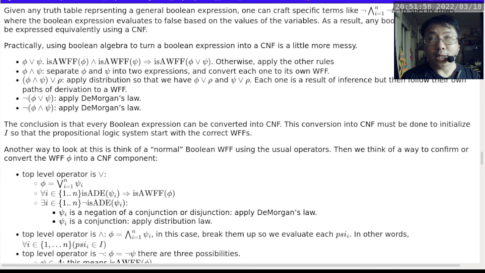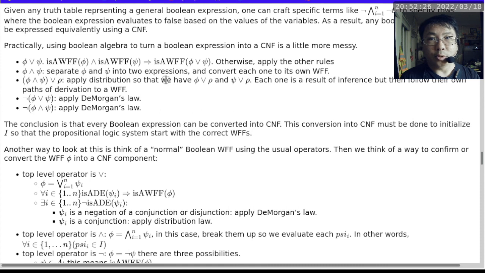So if you have 5 variables, you have 32 rows to begin with. And it depends on how many of those rows are supposed to be 0 or false. If the number of those rows to be false is high, then you can potentially end up with a pretty long and tedious process. But it's possible. You can actually do it that way. But it's much more common that people do it using Boolean algebra.